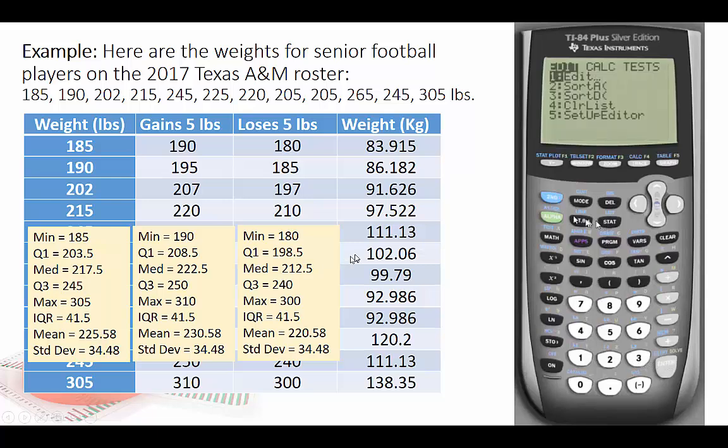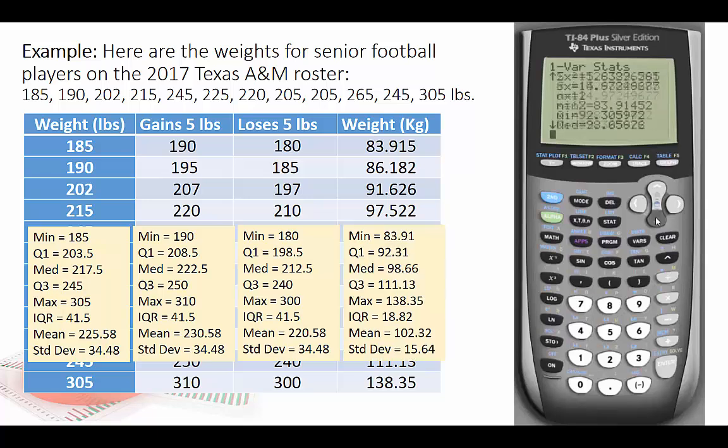Do one var stats to get my new set of data, or my new summary statistics, I should really say. And this is what I'm generating. Now this one, all of the numbers look different. And in fact, even the IQR and the standard deviation, see how IQR is the same for these first sets, but it changed here.